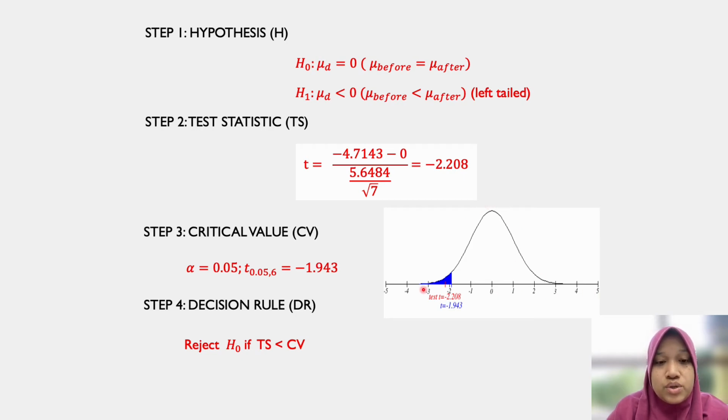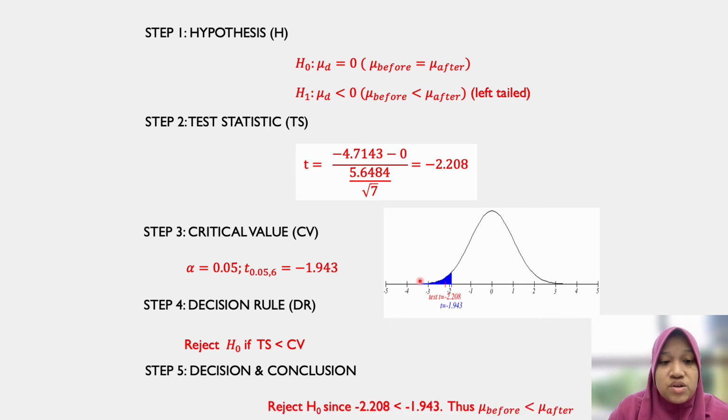The blue shaded region is our rejection region. We will reject the null hypothesis if the test statistic value falls in the rejection region, meaning that we will reject the null hypothesis if the test statistic value is less than the critical value.